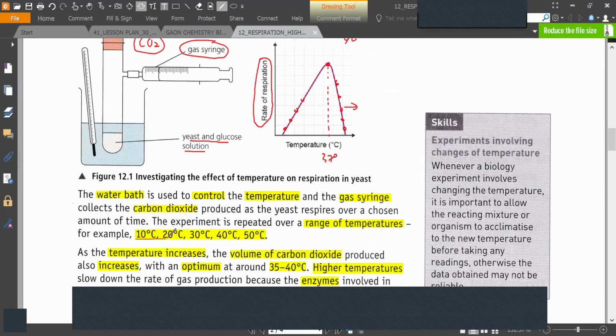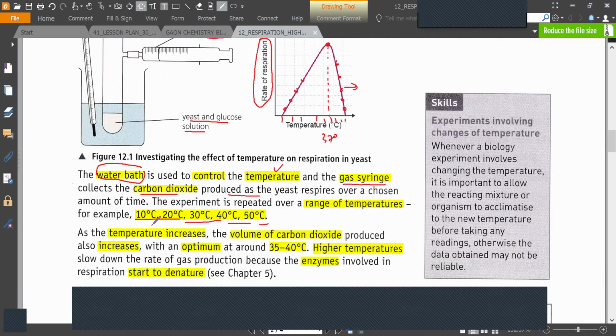We want to study the rate of respiration at different temperatures. To control the temperature, we use a water bath, and we use a gas syringe to collect the carbon dioxide gas so that we know how fast the reaction is.